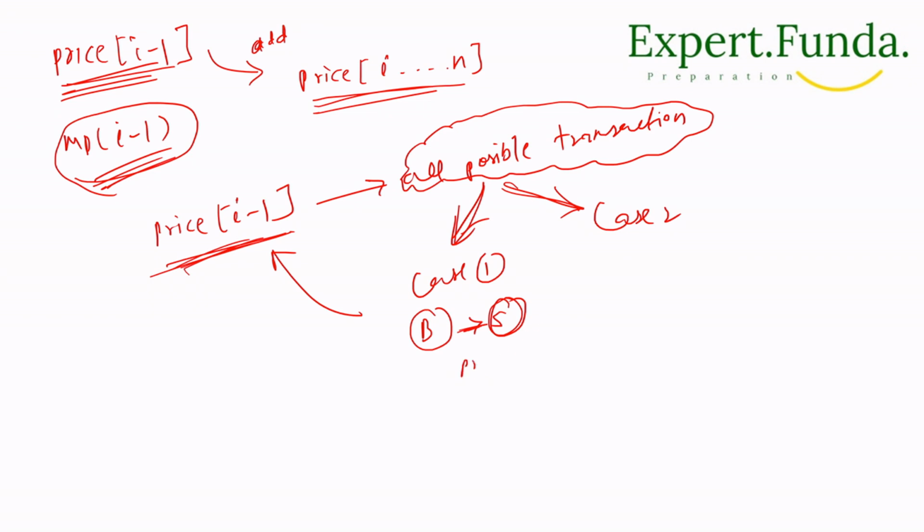At the price of I, we are selling. This is the price we bought at, and this is the price we sold at.